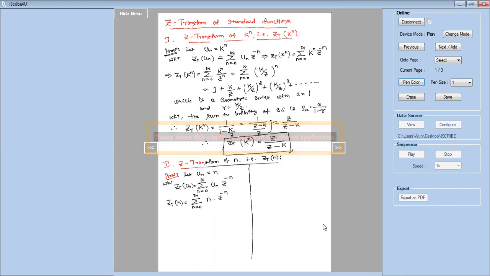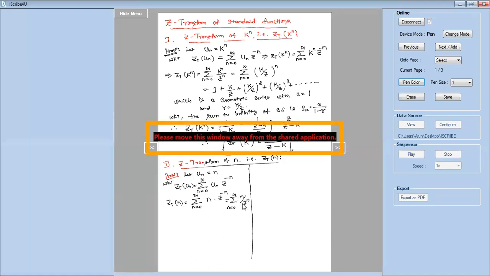Now I can write this as sigma n equals 0 to infinity n by z power n. Like the last one, z power minus n I can take to the denominator. Now let us expand this by giving values for n. First n is 0, so this becomes 0 divided by z power 0, which is 1, so 0 by 1 is 0. The first term becomes 0.